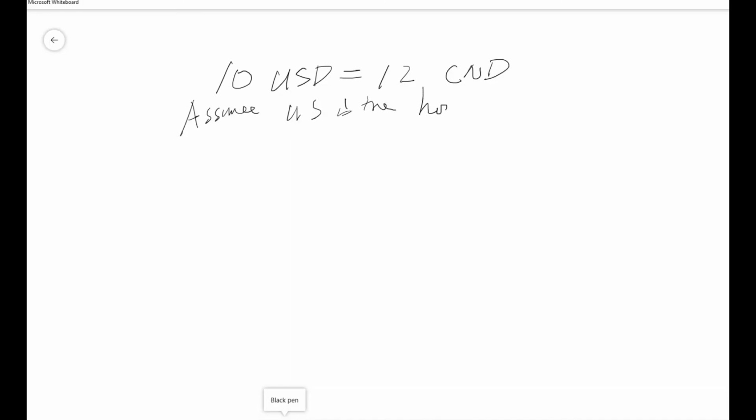Then to calculate direct quote, we simply divide by 12. So 10 USD divided by 12. Again, because US is the home country, we put US dollars on top, a foreign currency as denominator.